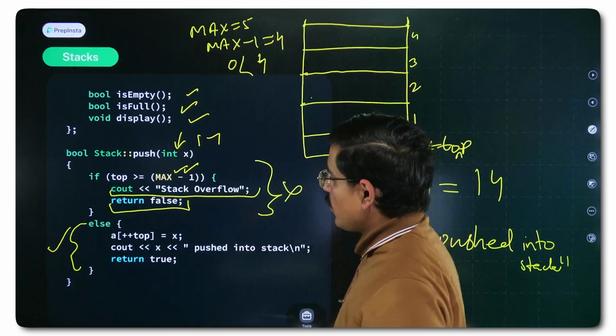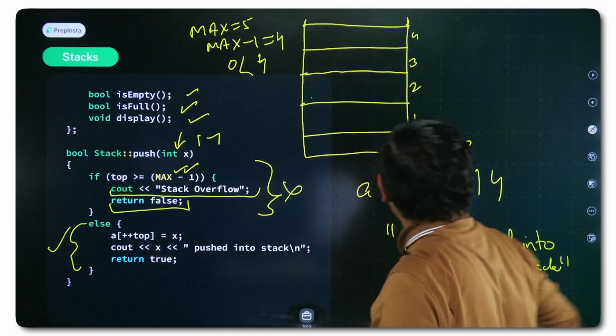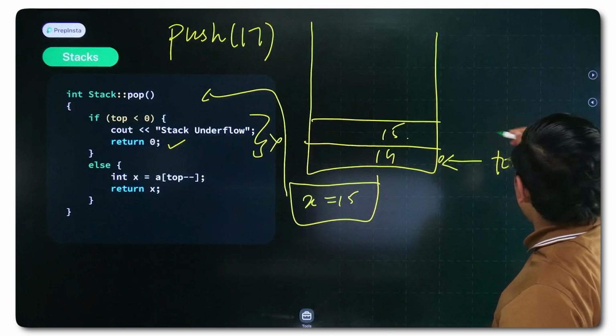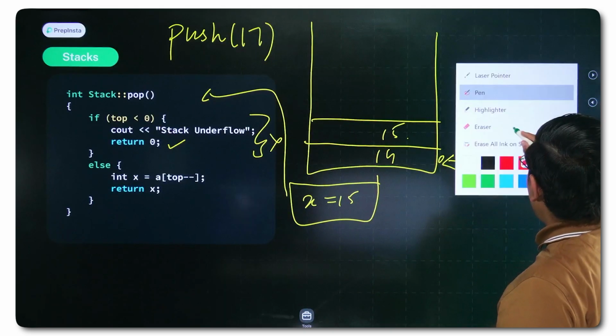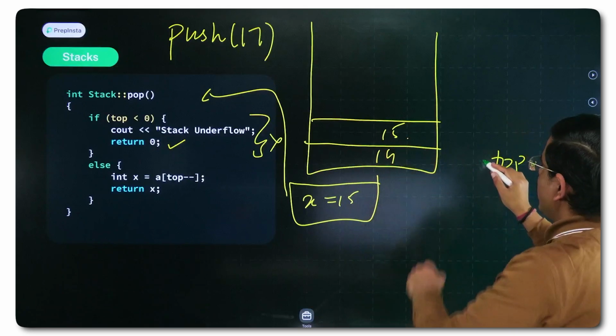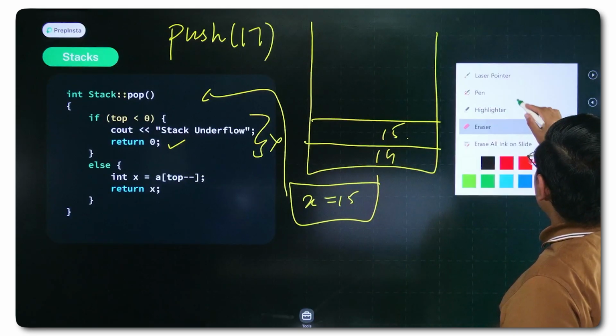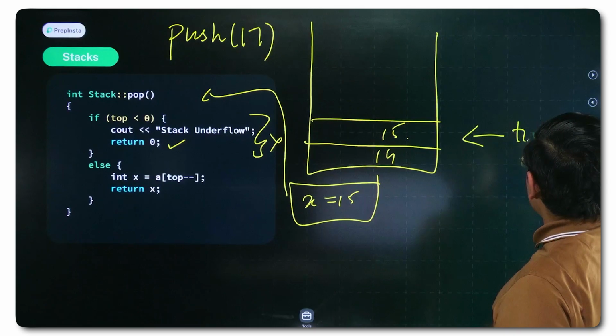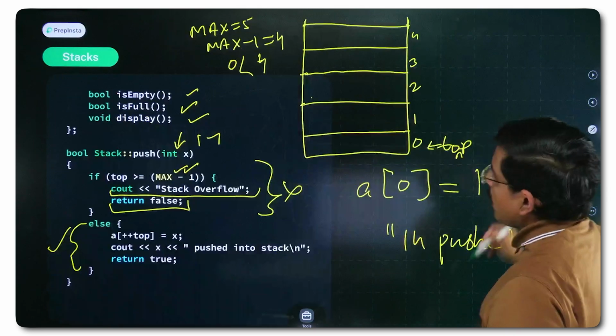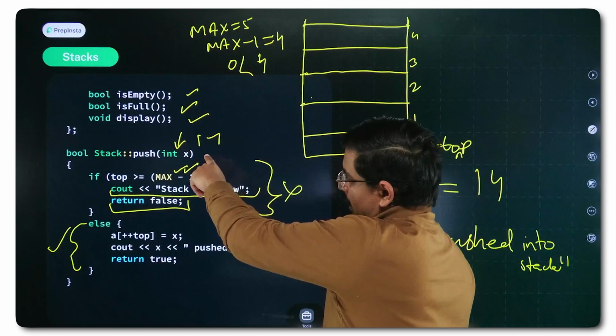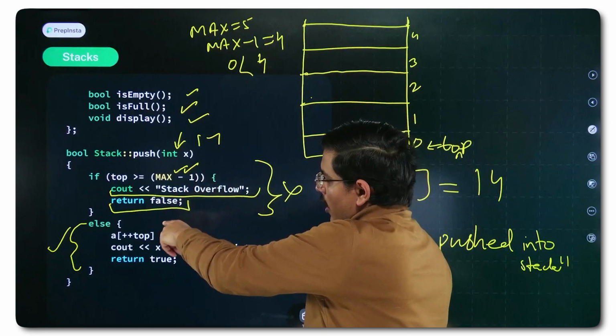When this else block executes, first of all pre-increment will happen, so top will increment. I am deliberately not removing this 15 from here. Now top points here.